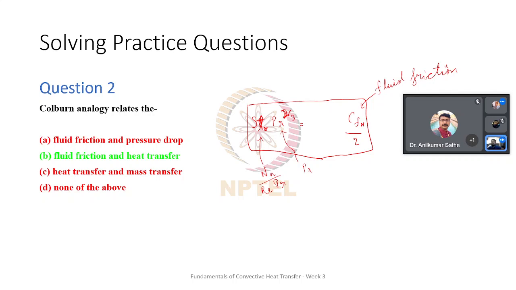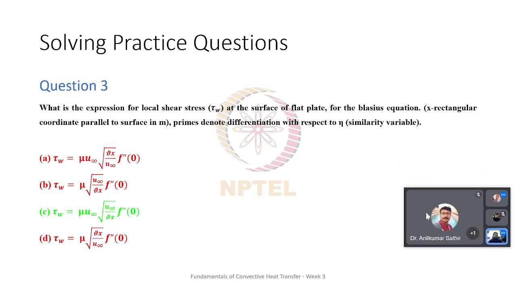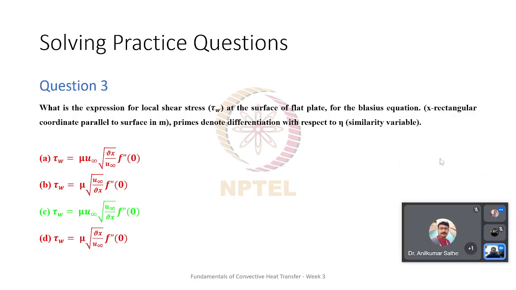Okay. So moving on to question number 3, let me confirm that my slides are visible this time. I hope there are no issues like earlier. You can see question number 3. Yes, sir. Question number 3 says, what is the expression for local shear stress at the surface of a flat plate for the Blasius equation?